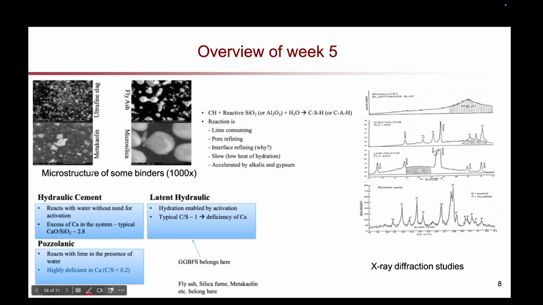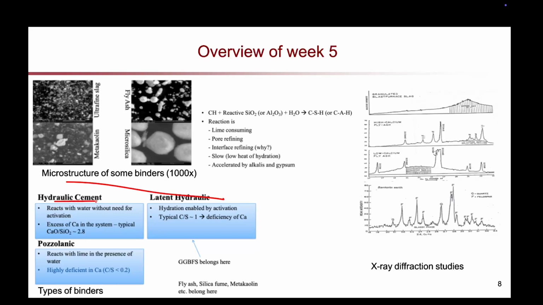So these are some main binders which have been used in concrete. This is the microstructure of them: slag, metakaolin, fly ash, and microsilica. And next, what are the different types of binders? How are we defining our SCM based on the binder system? First is hydraulic cement.